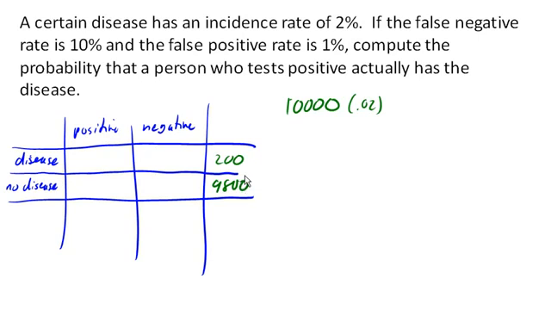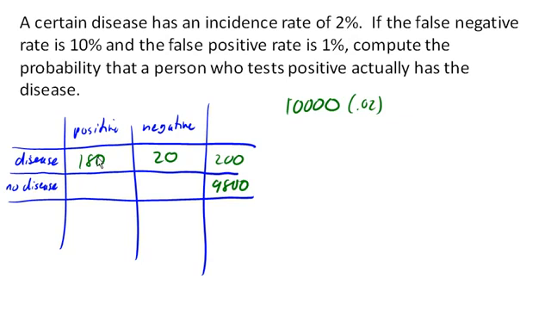Now, we have a false negative rate of 10%. And so that tells us that 10% of these 200 are going to incorrectly test negative. Meanwhile, the other 180 will correctly test positive.